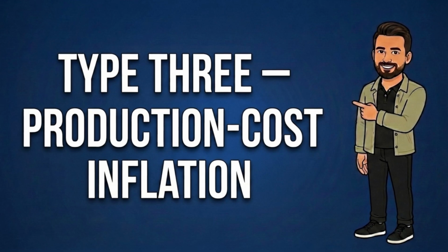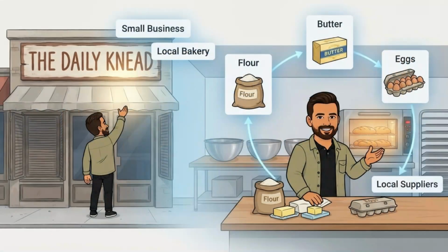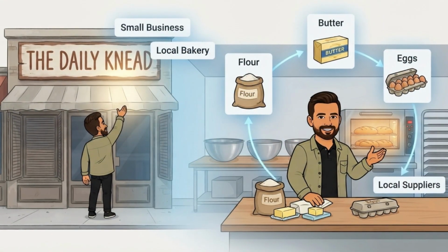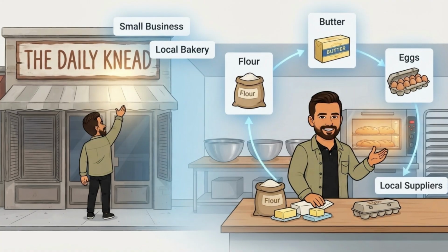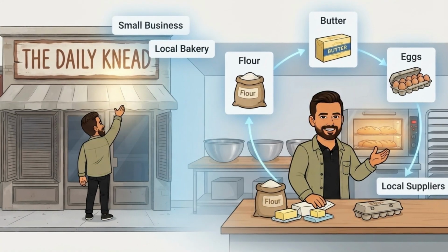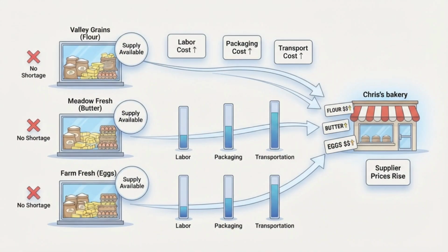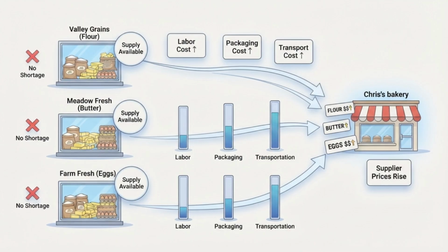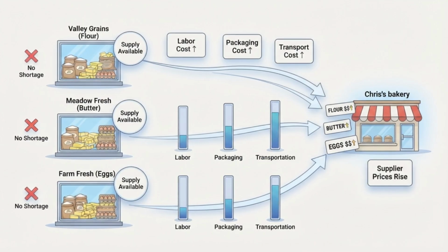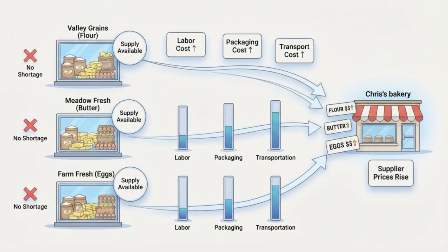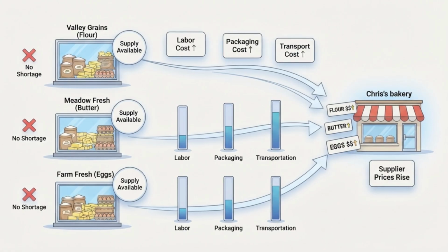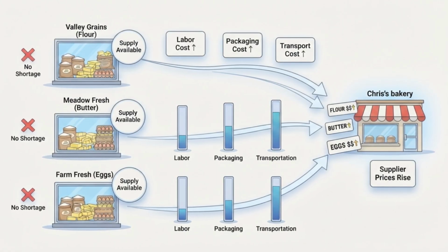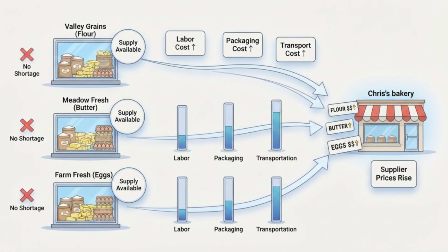Type 3: production cost inflation. Chris opens a small business. A bakery. He sources his flour, butter, and eggs from local suppliers. Then the suppliers raise their prices, not because there's a shortage, but because their own costs went up. Labor costs, packaging, transportation, all of it crept upward.